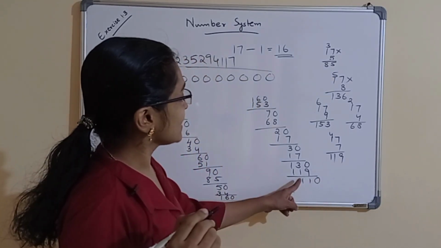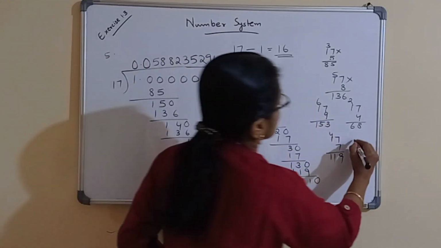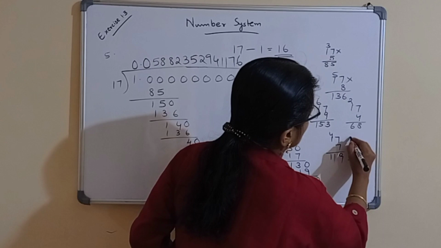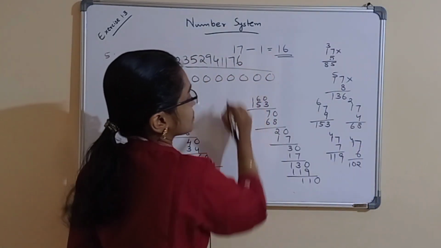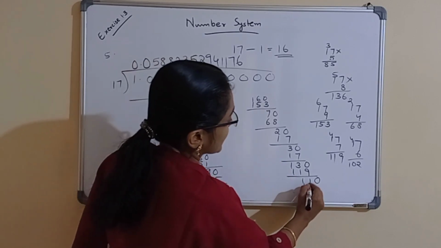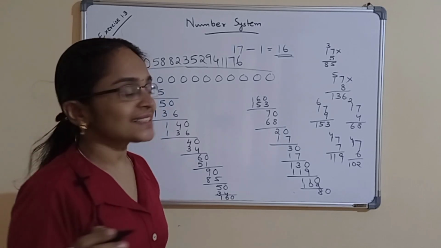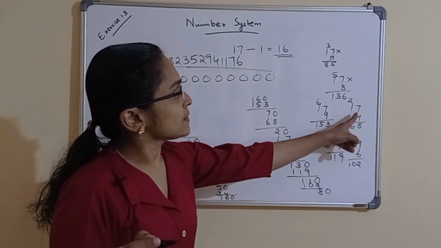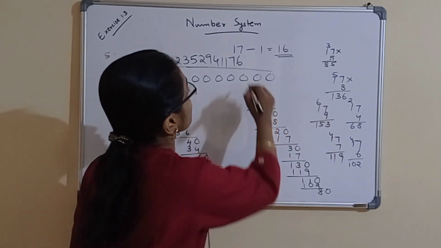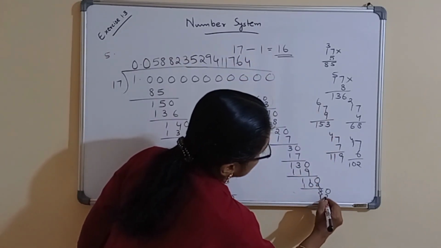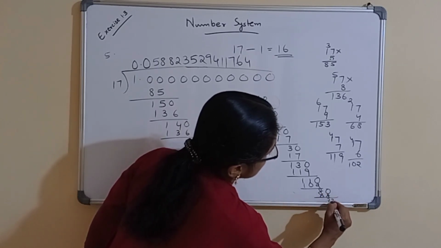And in 110, 17 will go 6 times. 17 into 6 is 102. So 102 and the remainder is 8. Now in 80, 17 will go 4 times because 17 into 4 is 68 and the remainder is 12.